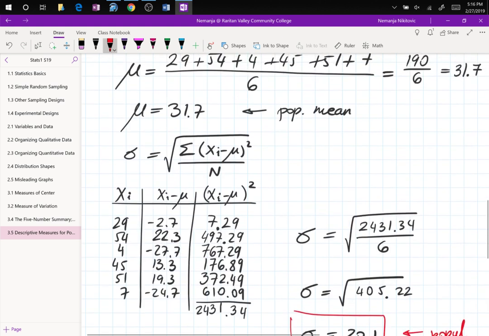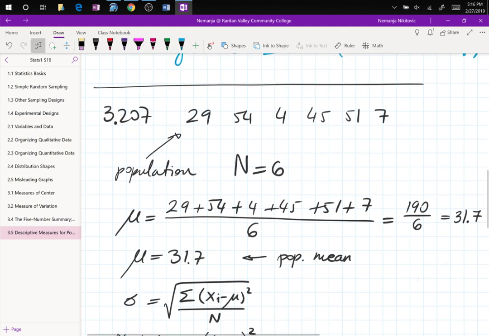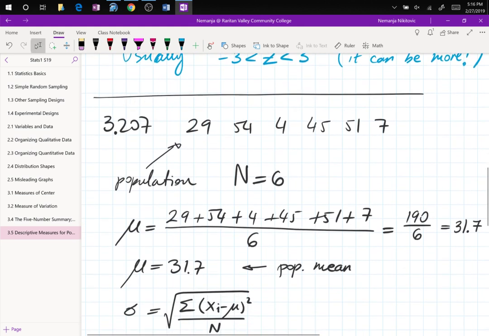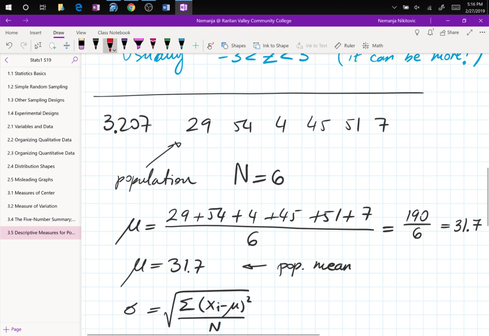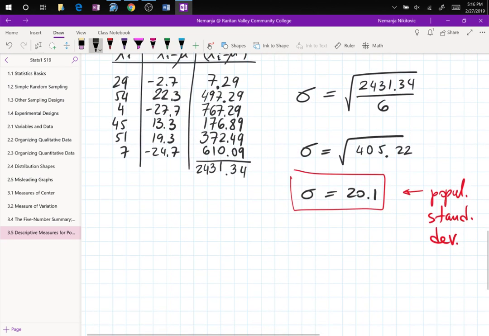And now I would like to know, 7, let's say. Find the z-score for x equals 7.